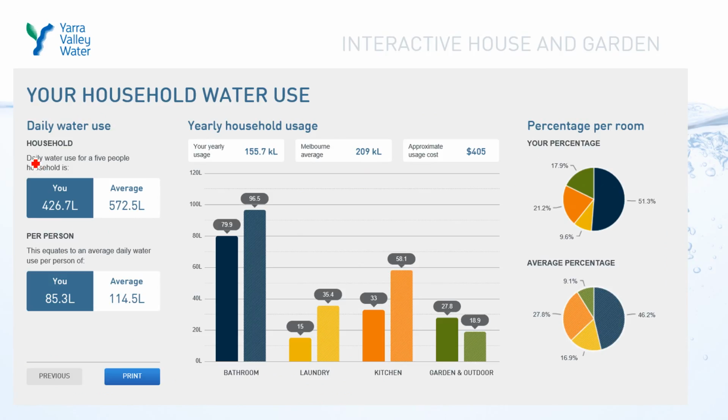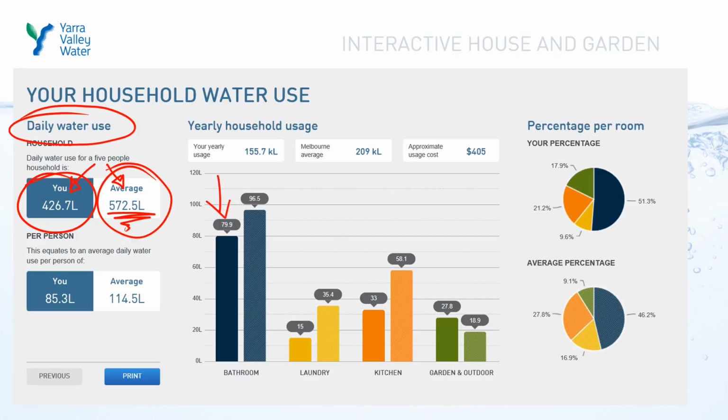And this estimate here says, over on the left hand side, daily water usage, meaning your estimate that you created with your parents, and what the average daily water use is for a family of 5. So for me, I did my family of 5 here, and this is what the average family of 5 would use. You can see we're doing quite well in the bathroom, in the laundry and the kitchen, but I'm using more water outside, so I'm going to have to look at water saving measures to decrease the amount of water I'm using outside.